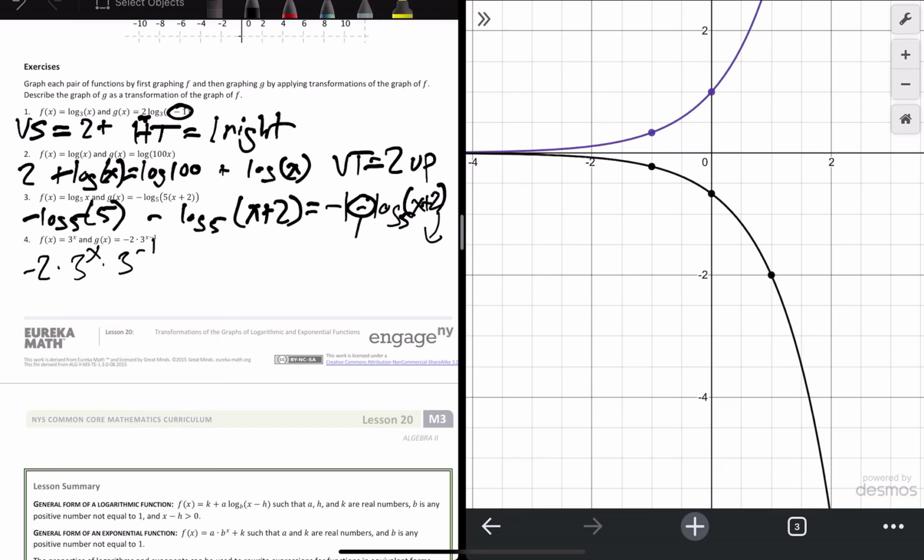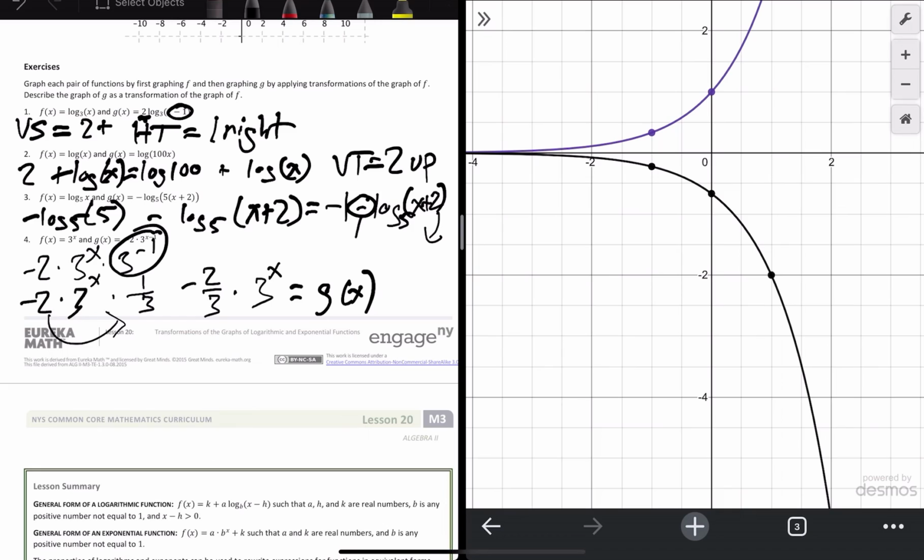Since that's a -1, that means it's going to be in the denominator. So this would actually be 1/3 times 3x times a -2. Let's go ahead and multiply those two together. And so that would be a -2/3 times 3 to the x. And so that is equal to our g of x now. That's another way of writing g of x.